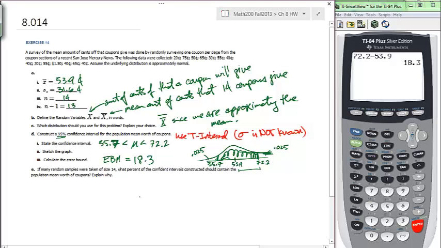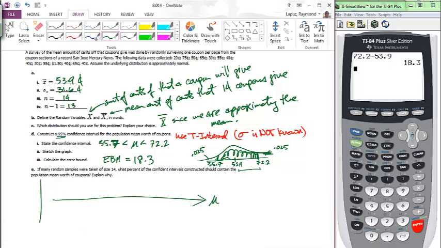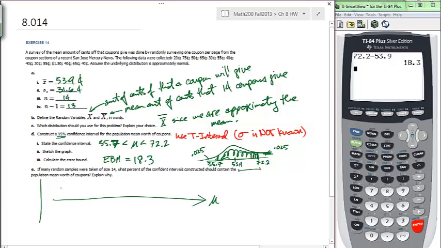So imagine that this is the real population mean, and you have confidence intervals here. Let's say this particular confidence interval we got looks like this.